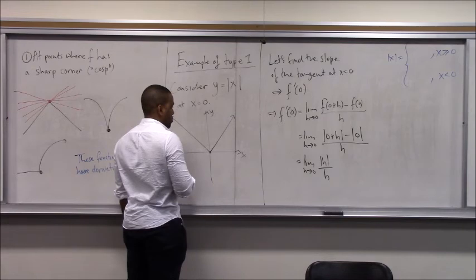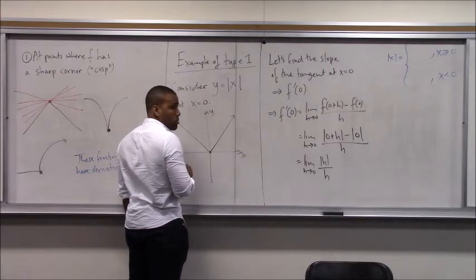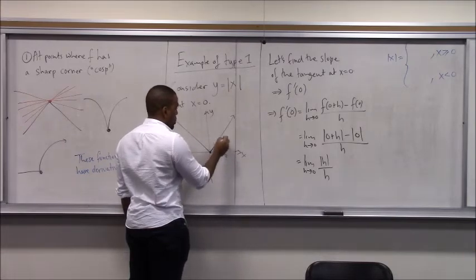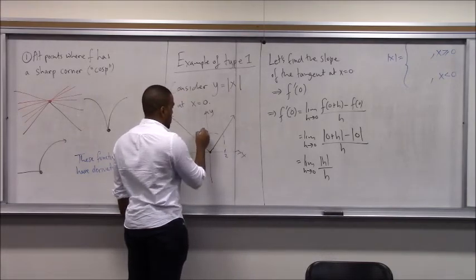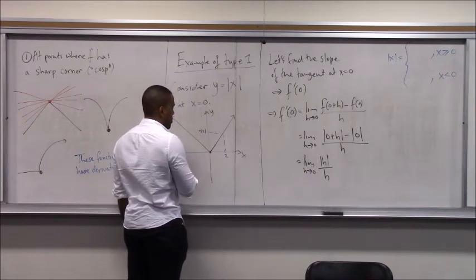If I pick a number, 2, what is the corresponding output? This would be the absolute value of 2, which is 2.